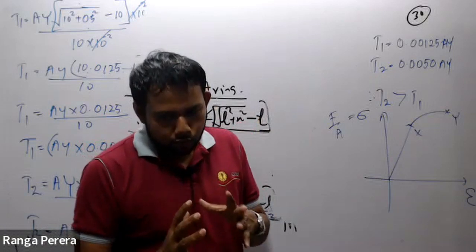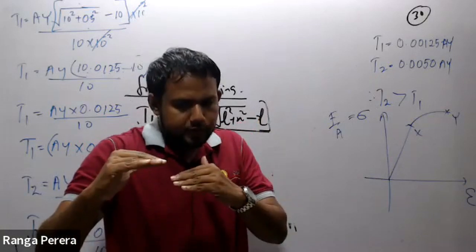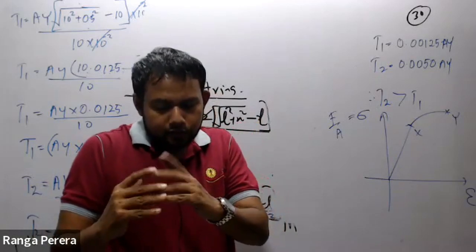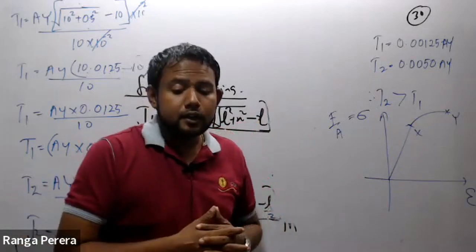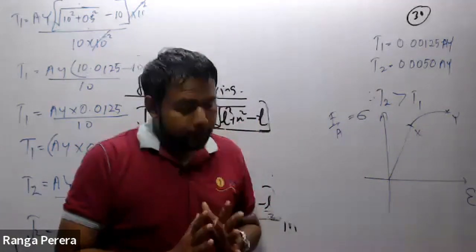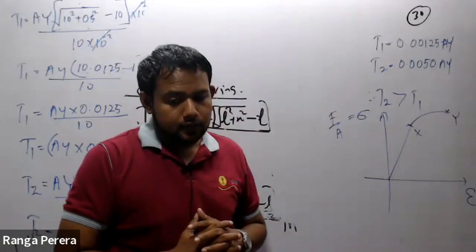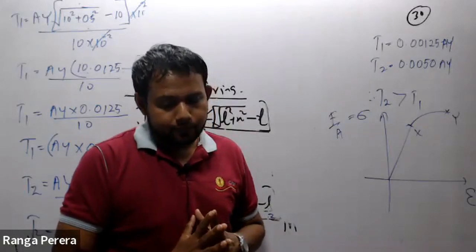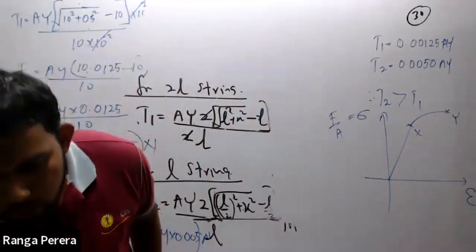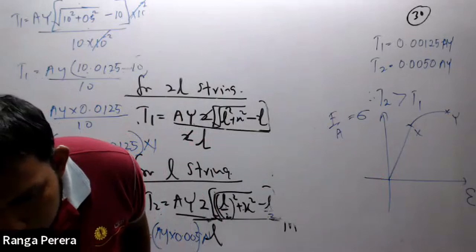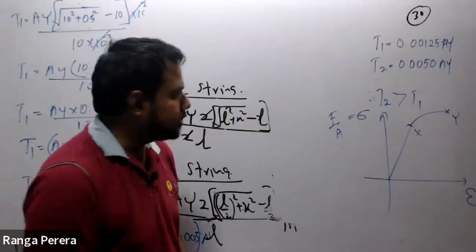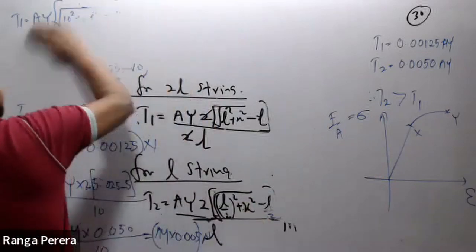So the shorter string reached the proportional limit soon when compared with the longer string. Are you clear with this, Lamai? So try to pick it because it's a very important section.